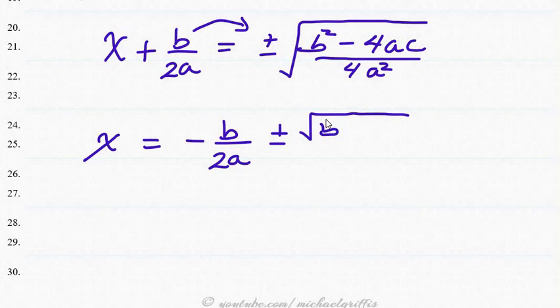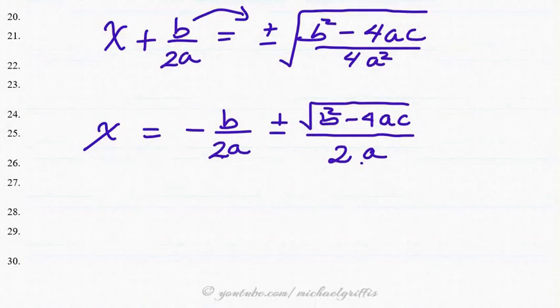So this becomes b squared minus 4ac. Now remember, we split the square root up. We square rooted the top and square rooted the bottom. And when you square root a 4, you get 2, and the square root of a squared, you get a. Now we can bring this together since we have a common denominator of 2a.